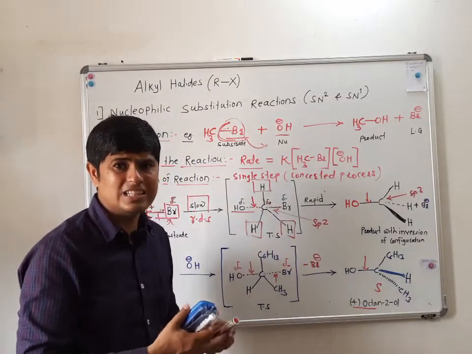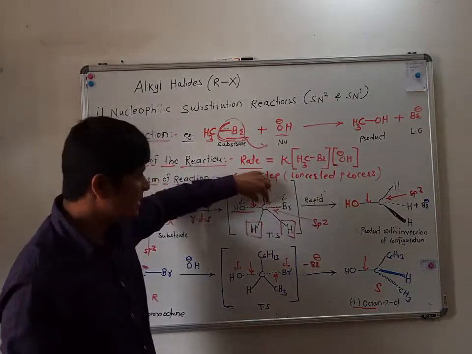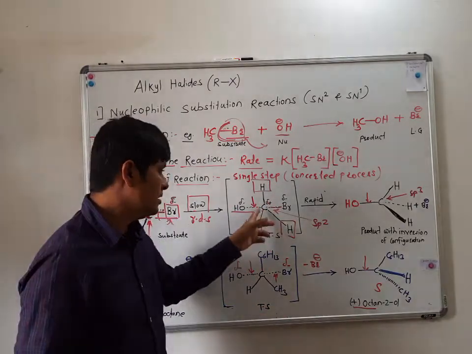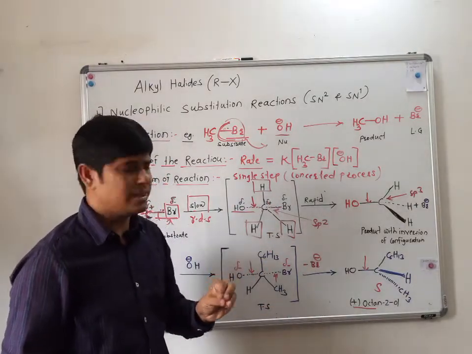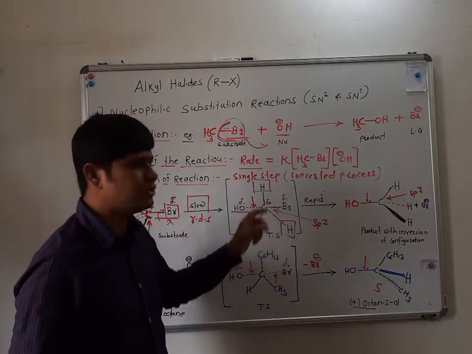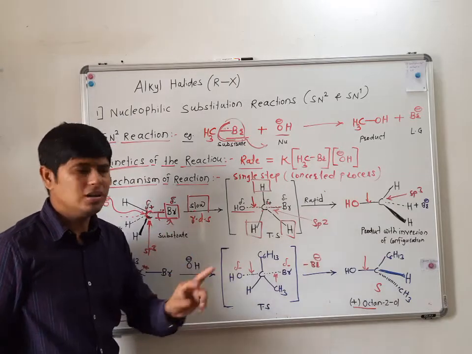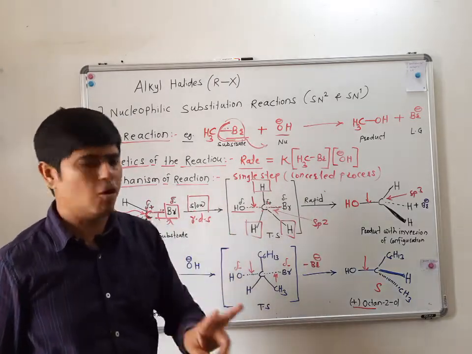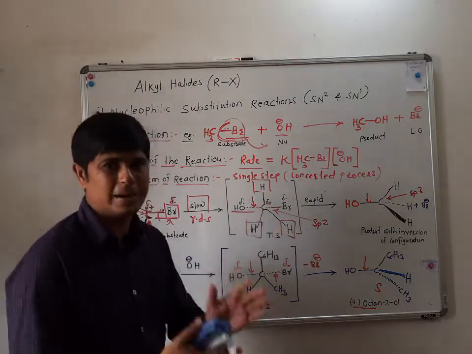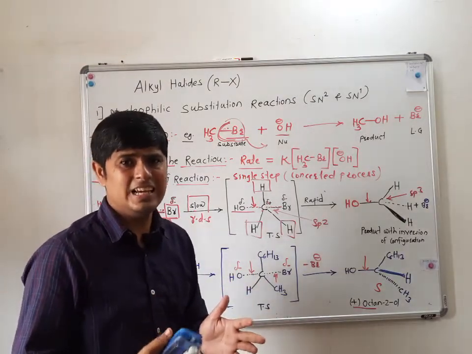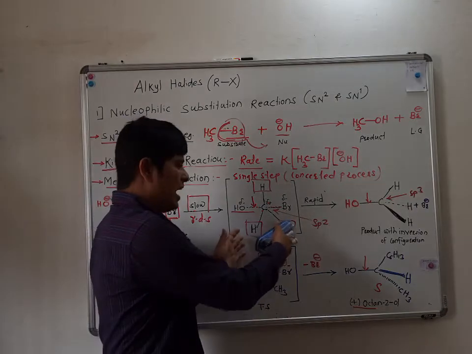Why is it highly energetic? Because here the carbon atom is having 5 bonds. 3 are full bonds while 2 are partial bonds. Hence here the carbon atom is pentavalent and this state is highly energetic, hence it has higher energy.